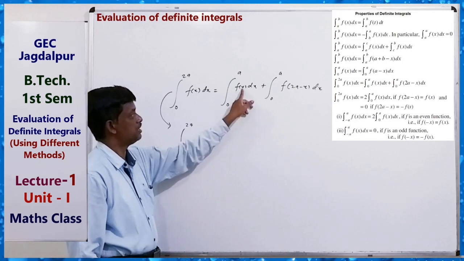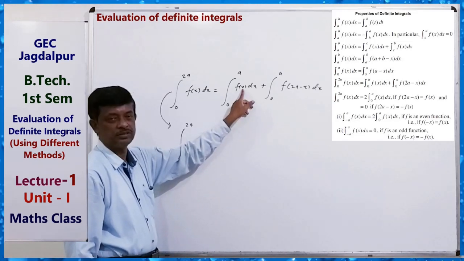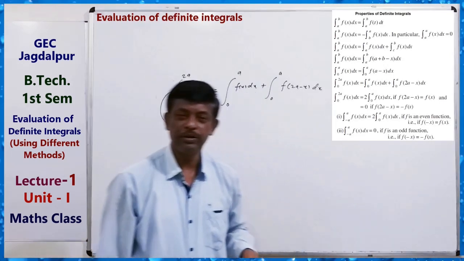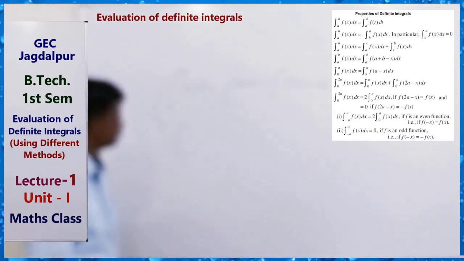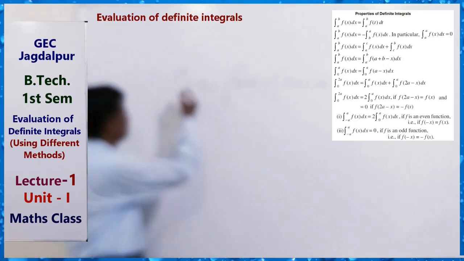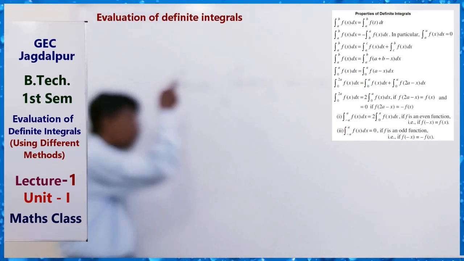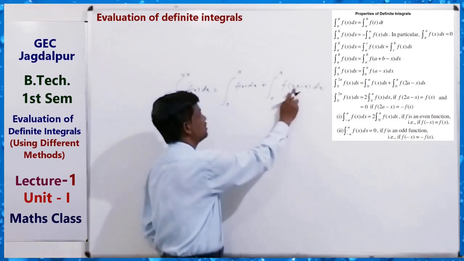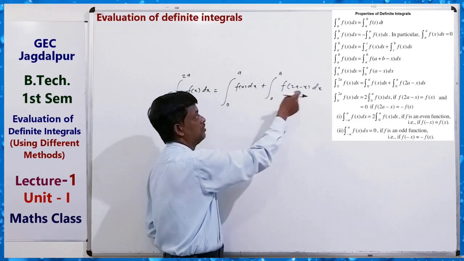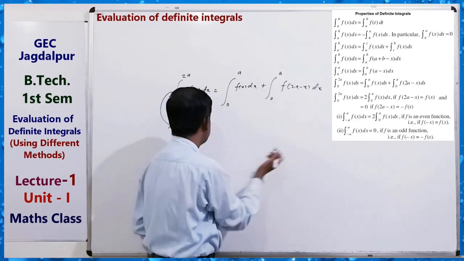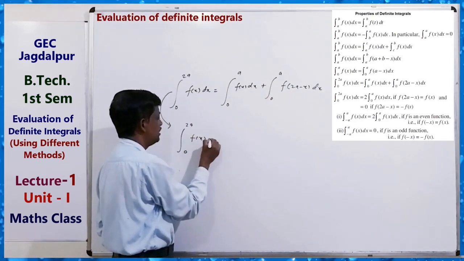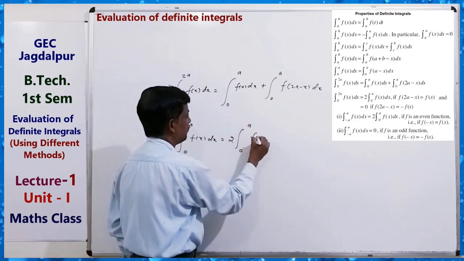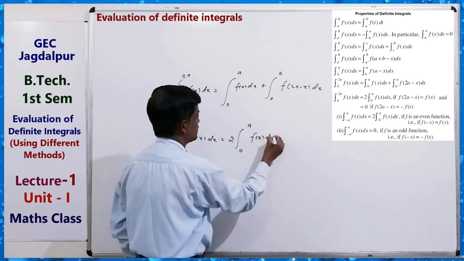For proving, you can refer to your previous class material. Now its particular type: if f(2a minus x) equals f(x), then it is the same type of integral two times, so this equals 2 times integral from 0 to a of f(x) dx.